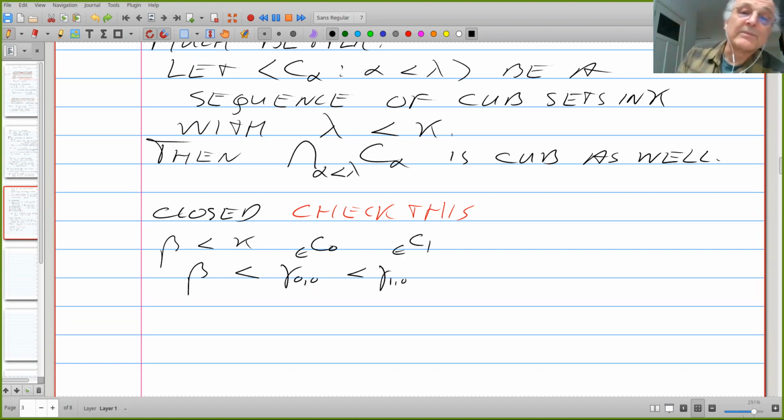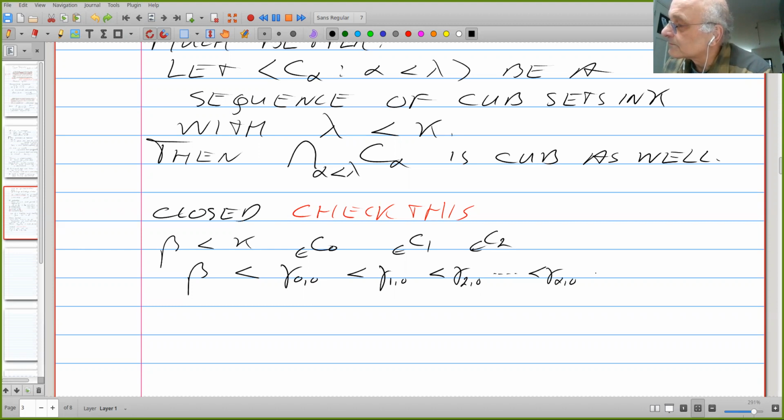Then we take gamma 1,0 above gamma 0,0, but we take it from C1. And we use our enumeration of the sequence of C alphas, and we keep picking the minimum member of C alpha that is bigger than the one that came before.